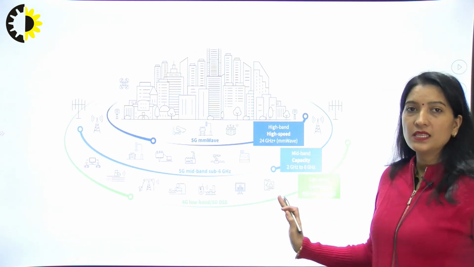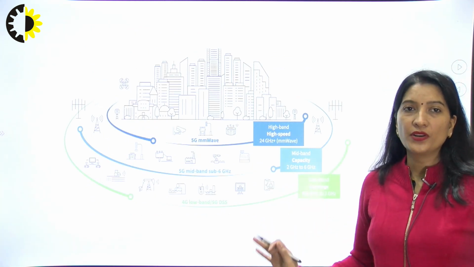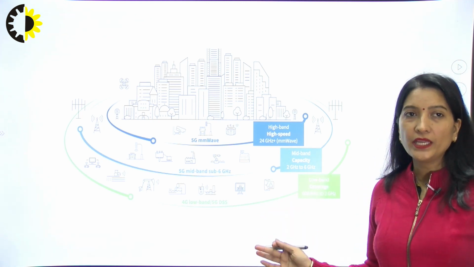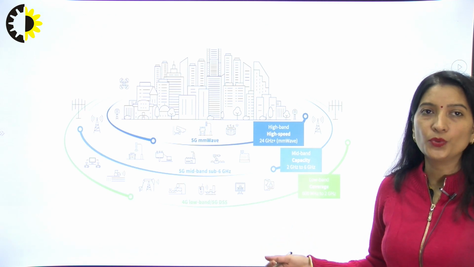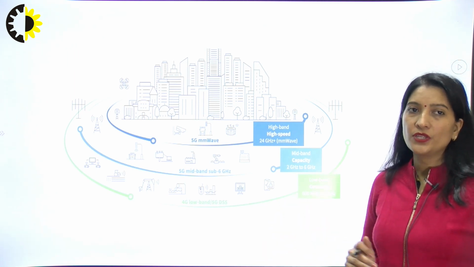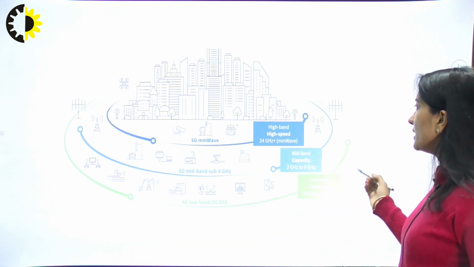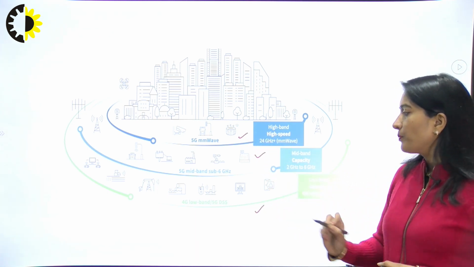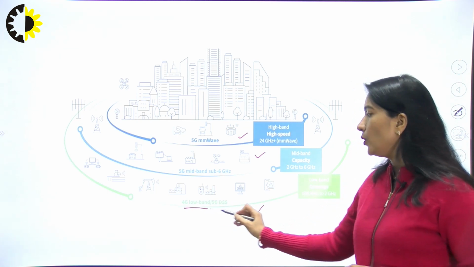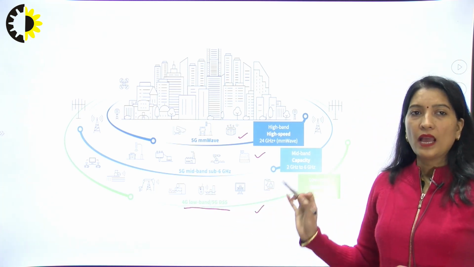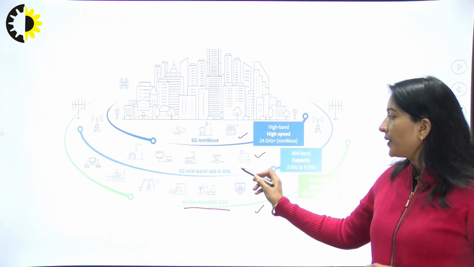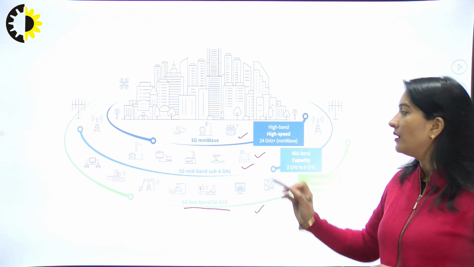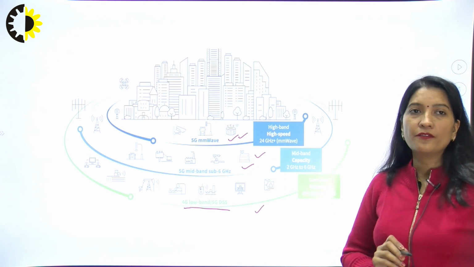So here we can see the fifth generation model, in which we can see all the applications currently used with the help of the fifth generation network. Students, in this you can see there are three main categories, starting from 4G low band and 5G DSS, then 5G mid band, sub 6 gigahertz, then 5G millimeter wave.